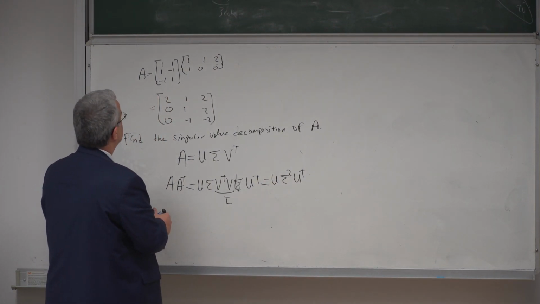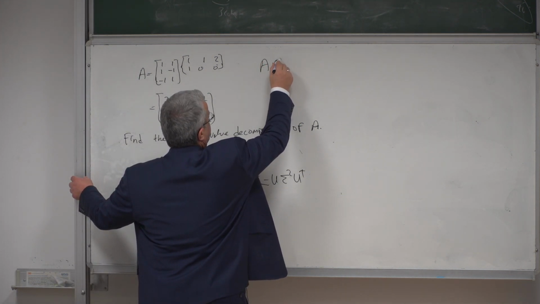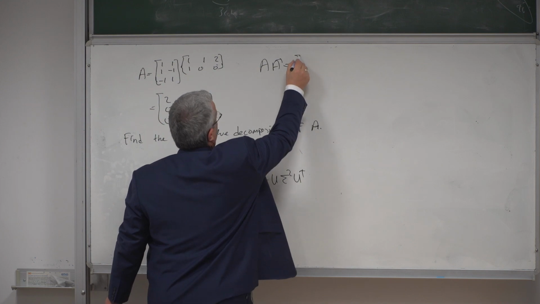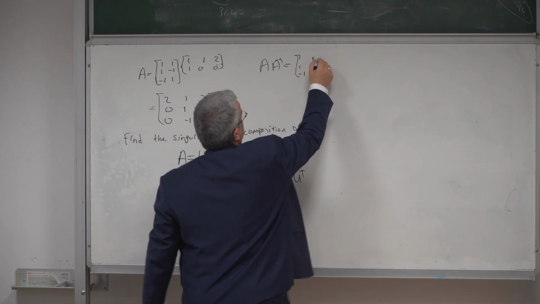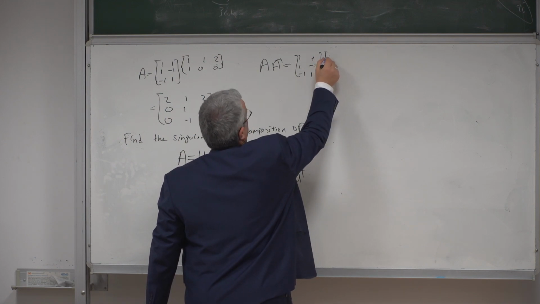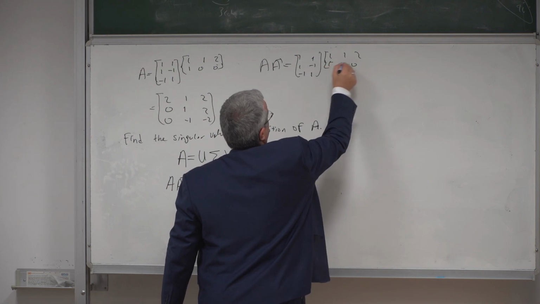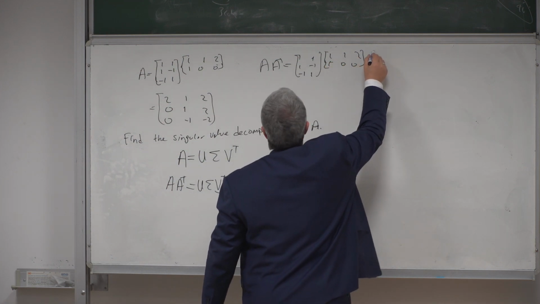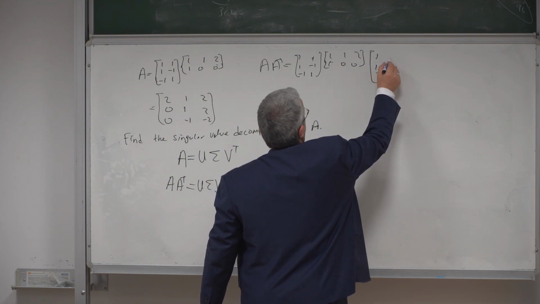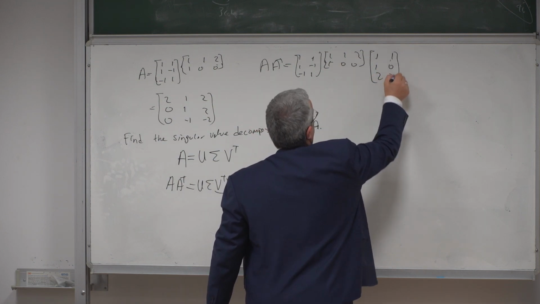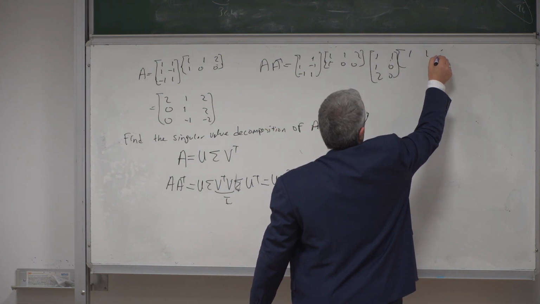So what is AA transpose? AA transpose is [1, 1; -1, 1; -1, 1] times [1, 1, 2; 1, 0, 0] times A transpose, which is [1, 1, 2; 1, 0, 0]. Of course, you wouldn't notice that it's coming from here.